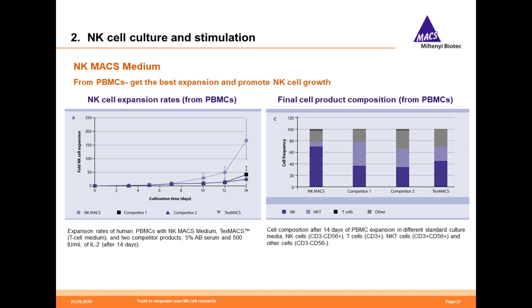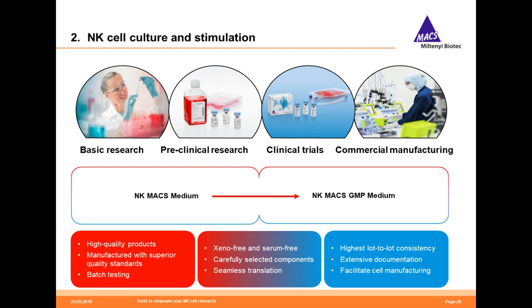In the graph on the right, you can see that around 65 to 75% of the cells are NK cells when using our media, compared to 35 to 40% if you are using other media. This is a protocol using interleukin-2. If you combine interleukin-2 plus interleukin-15, you actually get higher rates and more NK cells.